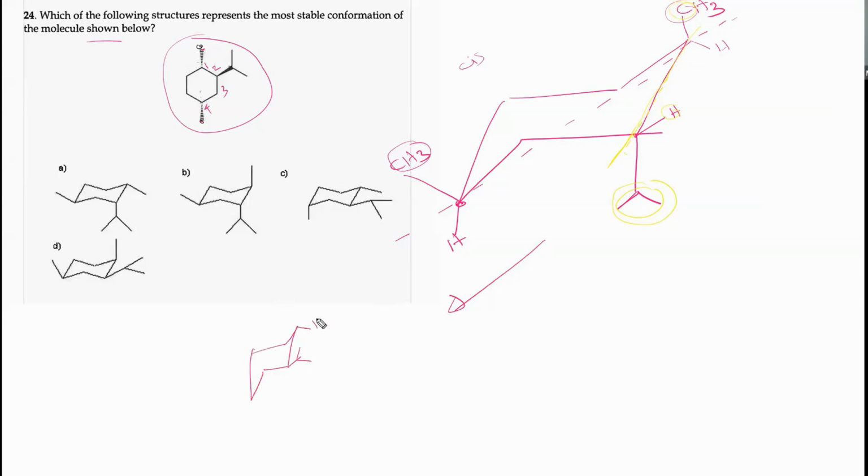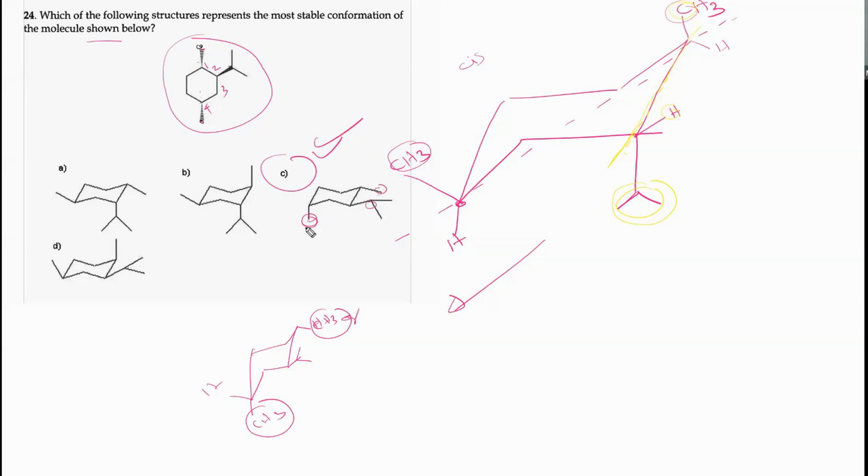And this goes axial, sorry, CH3, and this goes equatorial, and that goes to axial, CH3. So the answer that has CH3, one axial, one equatorial, and the isopropyl equatorial is going to be the right answer. This fourth carbon axial and these two equatorial is the right answer.